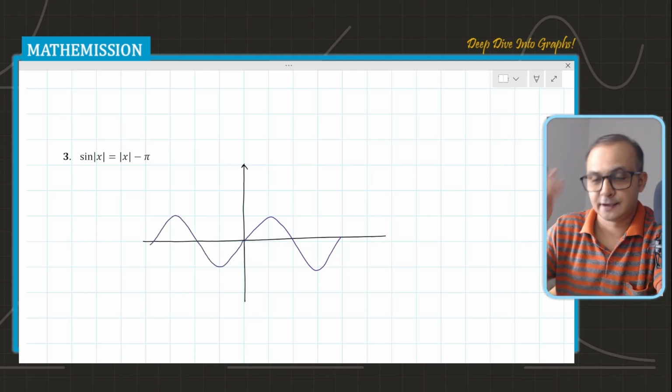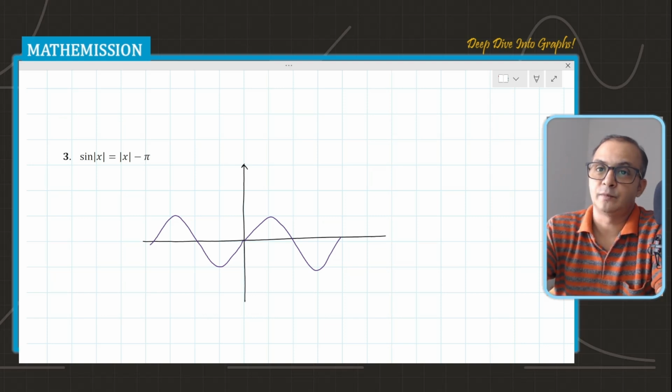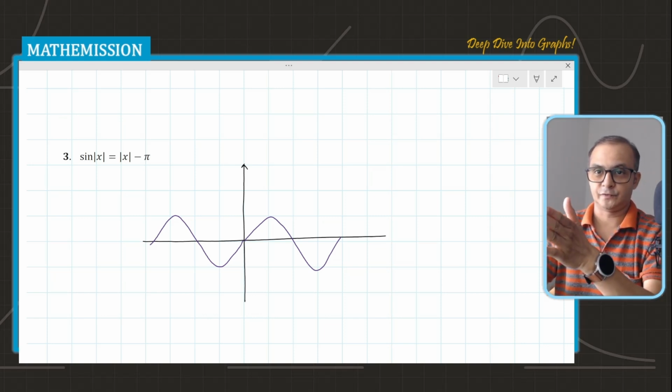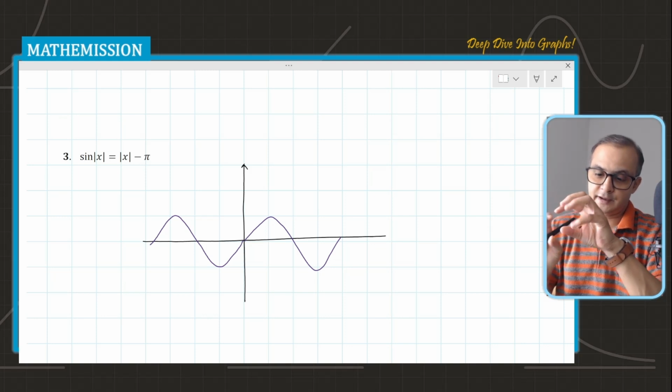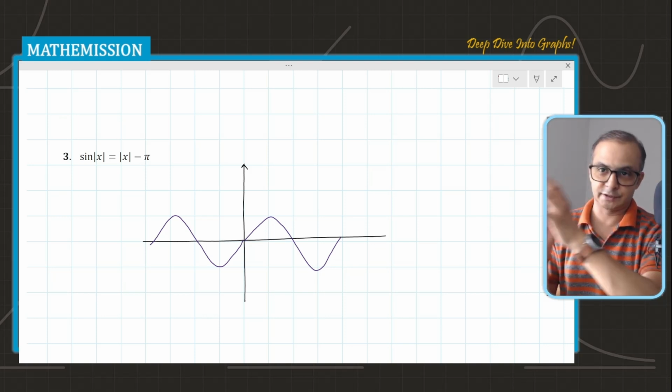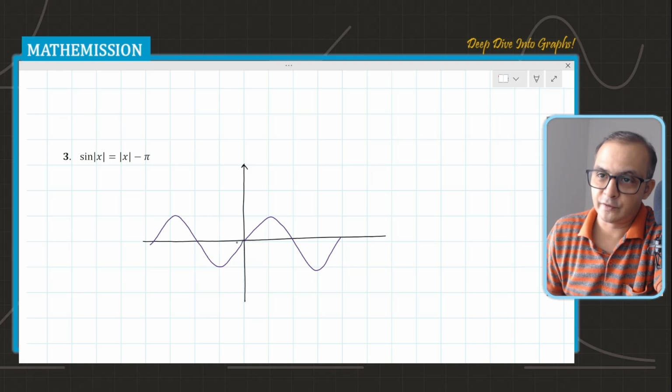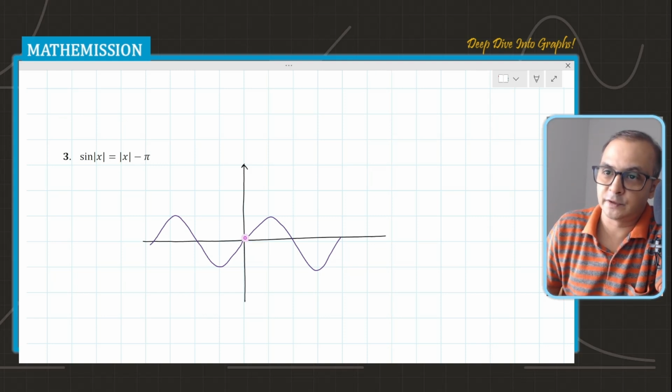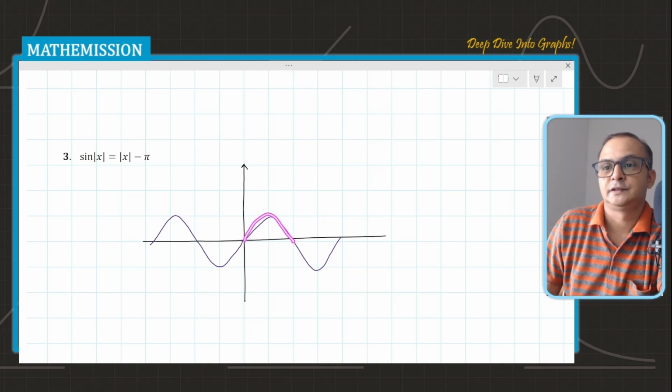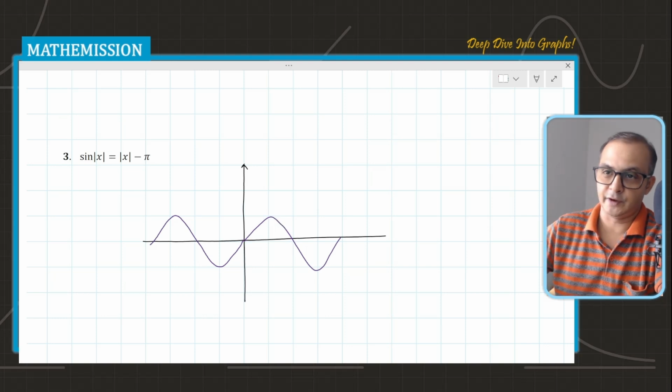For that, I told you, if you take the modulus of x, the negative x is also acting as a positive. So wherever you go on the left part of the y-axis, you have to carry the image of it in that portion on the right side.